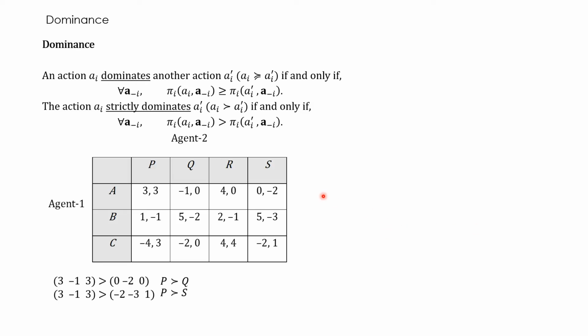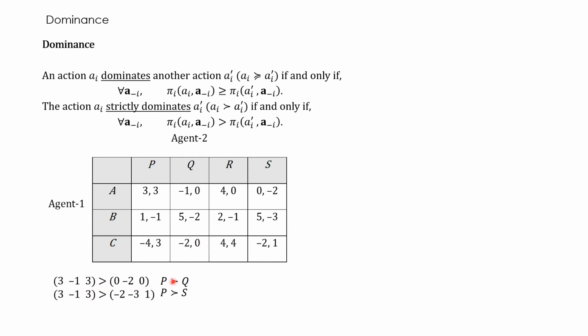As an example, consider this bimatrix game. Now, look at agent 2's payoffs under P and Q. The payoffs 3, -1, and 3 are element-wise greater than 0, -2, 0.